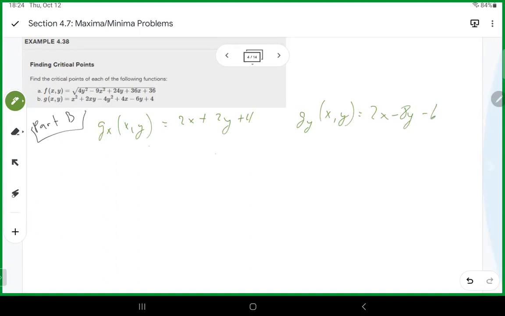So now we'll set them both equal to 0. Sorry, it's going to be a little bit of Christmas.